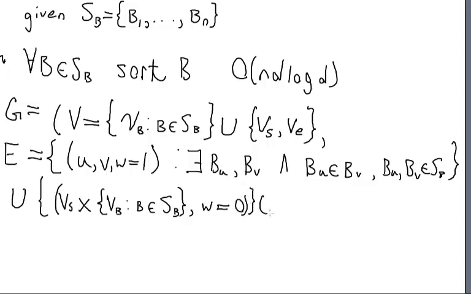And we also are going to union this with VE, VE cross, again I'm being a little sloppy here with the expression, but the same set. With weight equals 0.